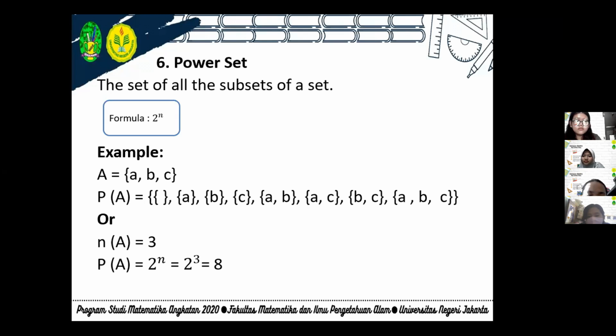There are 3 members of A, or the cardinality of A is 3. So we can use the formula 2 to the power of n. We input the n. The n is 3, so 2 to the power of 3, and the answer is 8.